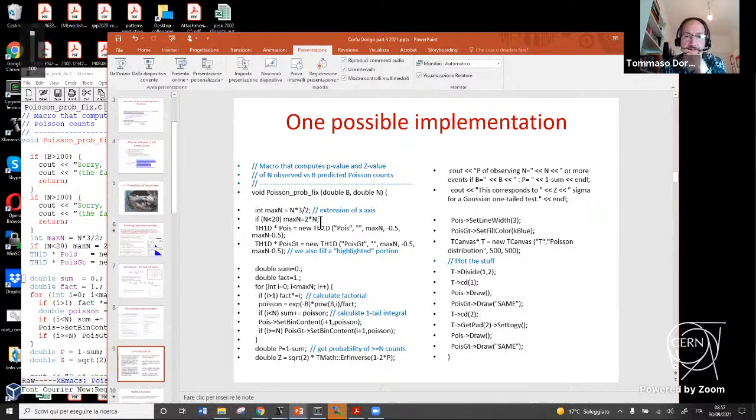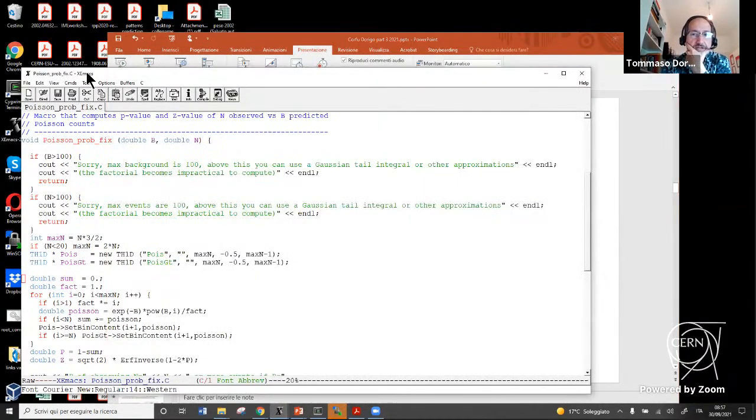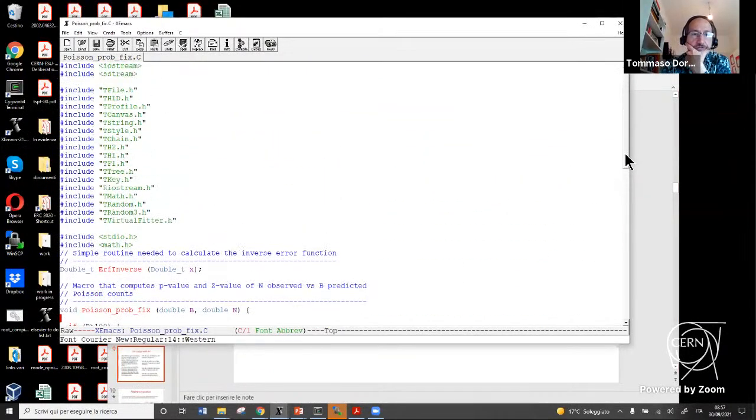So let's play with this. We have a toy; you can download the function, and we can play with it. The reason for doing it is that it is good to become able to guess from the numbers given what the p-values or the signal are. This is the macro, and you see that I have a bunch of headers that allow me to use one-dimensional histograms and canvases.